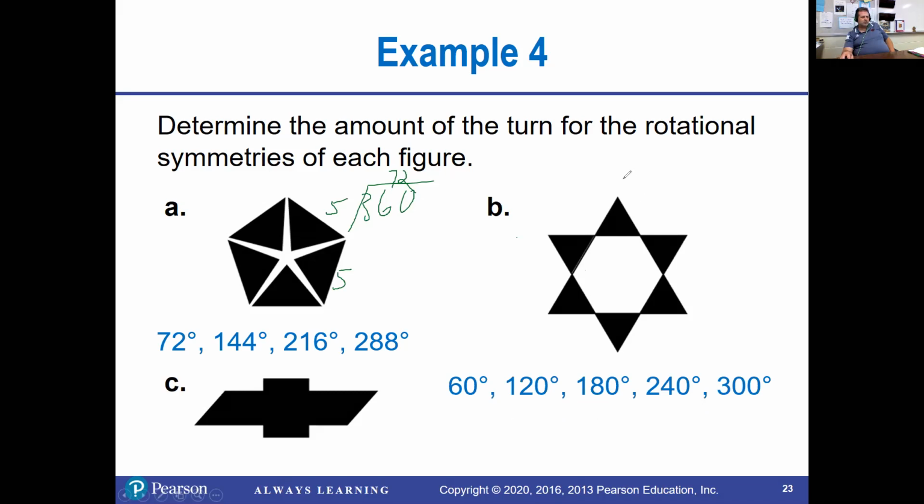So here is 1, 2, 3, 4, 5, 6. So there's 6 turns. So that's 60 degrees on each of them. And then this one, I don't think it has much of anything. It has 1.